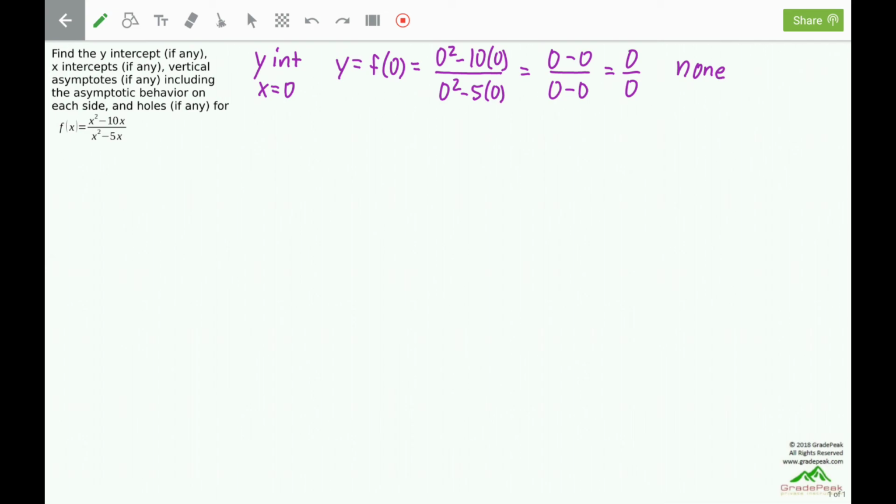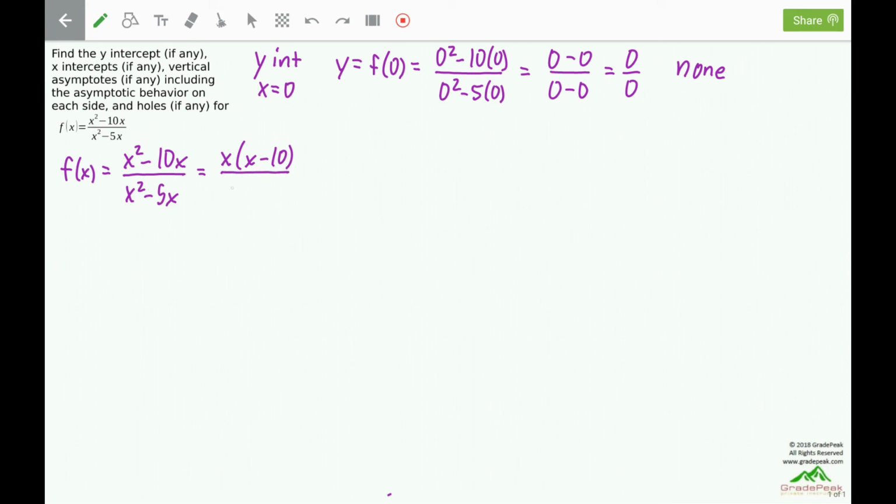The remaining parts are found by taking the function f of x, which is x squared minus 10x divided by x squared minus 5x, and fully factoring. In the numerator, there's a common factor of x, leaving x minus 10.